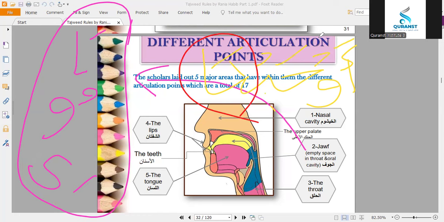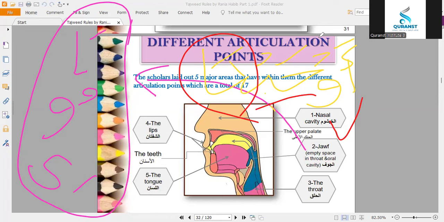Check the last sound of this word and compare it with the previous two sounds. أو, أو. You will find your lips make a circle shape. Hay, hay. You will find the middle of your tongue touches or tries to touch the roof of your mouth. Na, na. In this case, you can't find any touched place in your mouth.